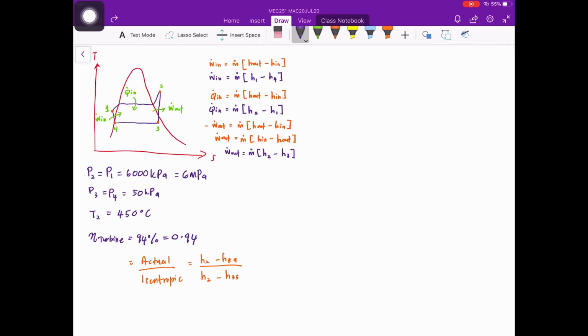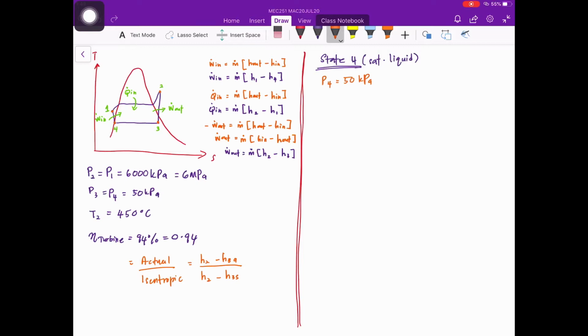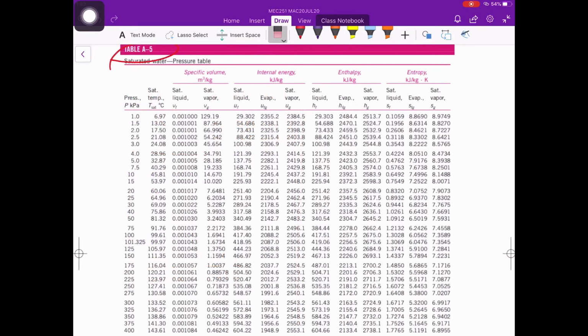And later, we are going to use these actual values in order for us to find the power output. Now let's find the value for the enthalpies for each state. At state 4, the phase is saturated liquid, and the property we have is the pressure, which is 50 kilopascal. From table A5, we are going to refer to the pressure equal to 50 kilopascal, since we know that state 4 is in the saturated liquid phase.